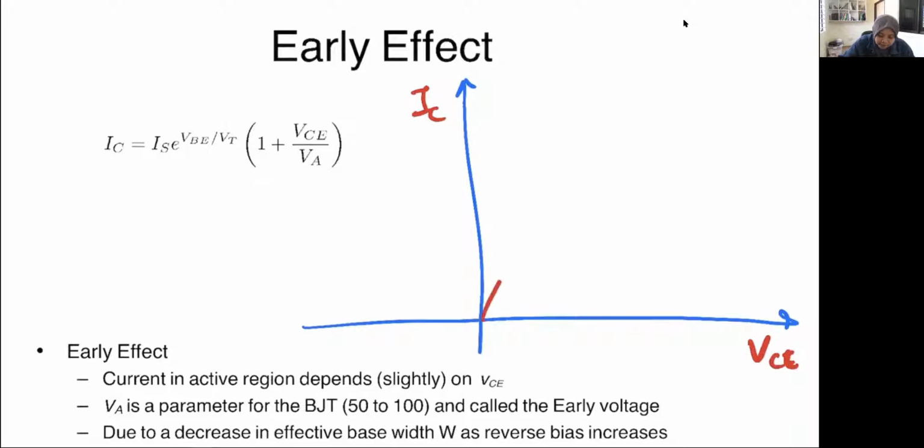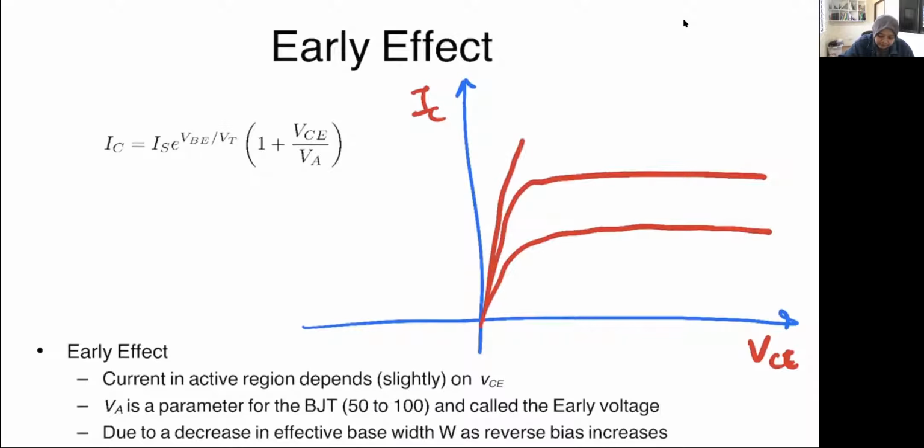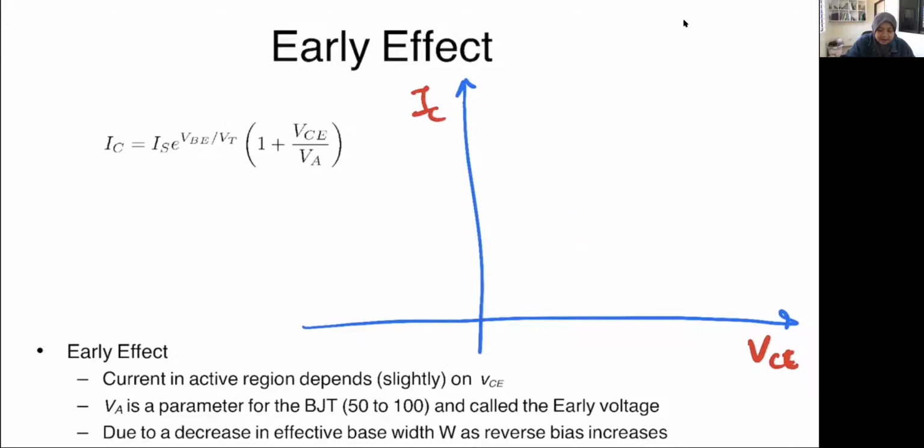And normally it looks like this, right? It's flat on this side. That is for the ideal situation. However, like everything else, life is not ideal. Some people are sick, some have broken hearts, some get divorced, that is life. It is the same as semiconductor.